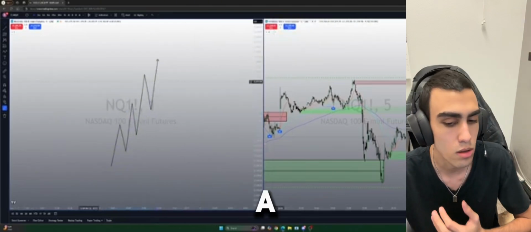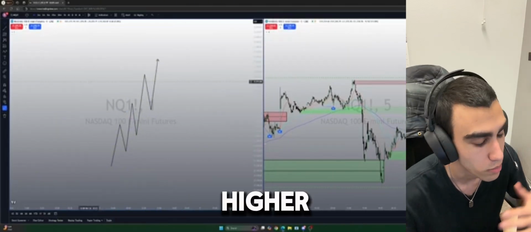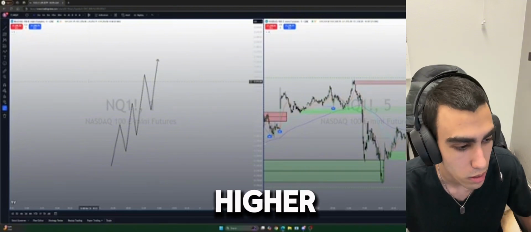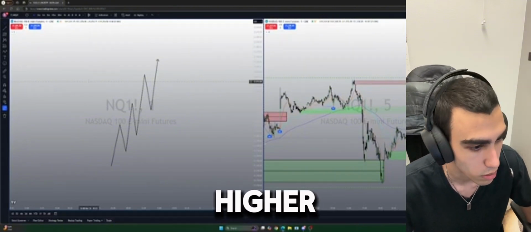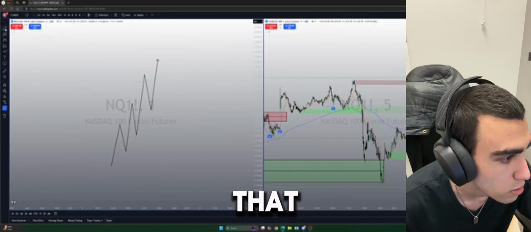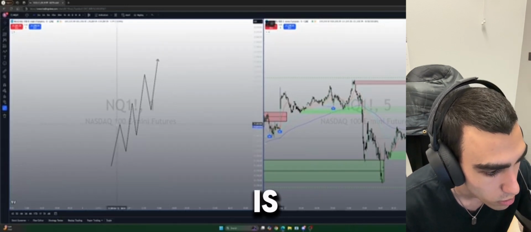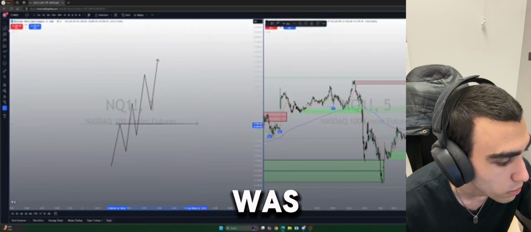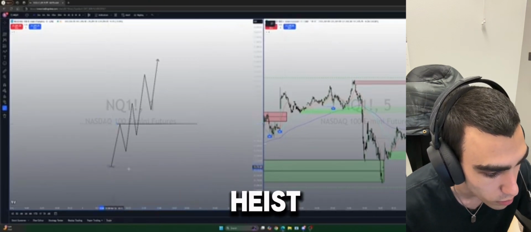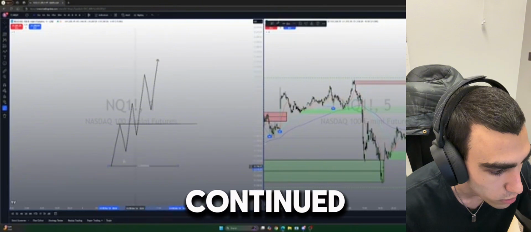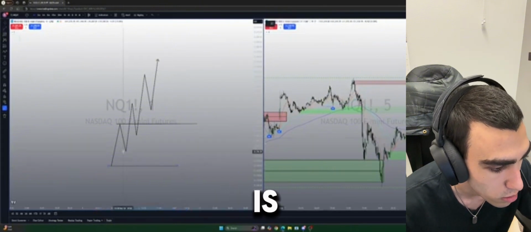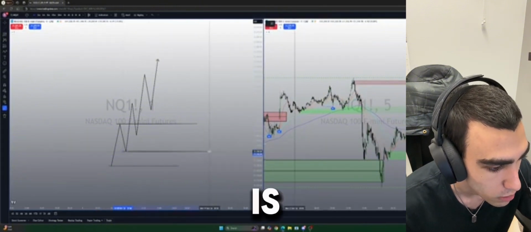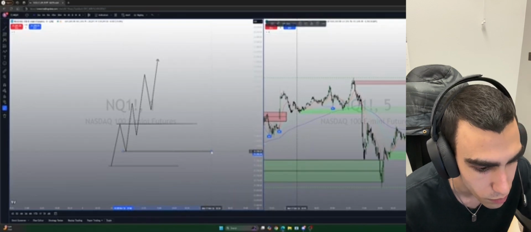Now, what exactly is this? This is a higher high, lower low, higher high. Basically, let's say this was previous highs, right? So we broke above, we continued up, and then this is our low right here.